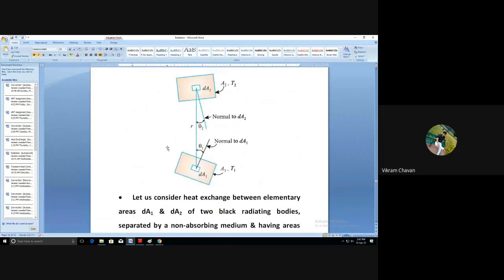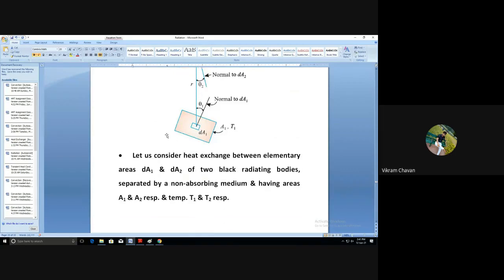Okay, so I think you have drawn this diagram in the last lecture. So we'll directly start the elaboration of the derivation. Okay, write a part of the derivation. If you have any doubt, any question, you can ask in between also.